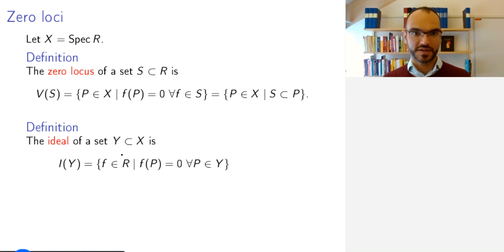So we want to take now a subset Y of X, where X is the set of all prime ideals of R. And again, naively, we want the ideal of this subset to be the set of all functions that vanish on all points of this set Y. And this indeed works, and because this means that you want f to belong to p, you can think of how to write this in a short way. Well, this is exactly the intersection of all prime ideals that belong to the set Y.